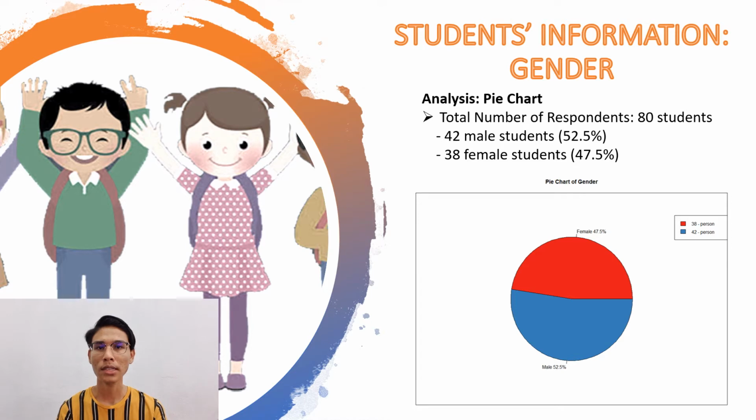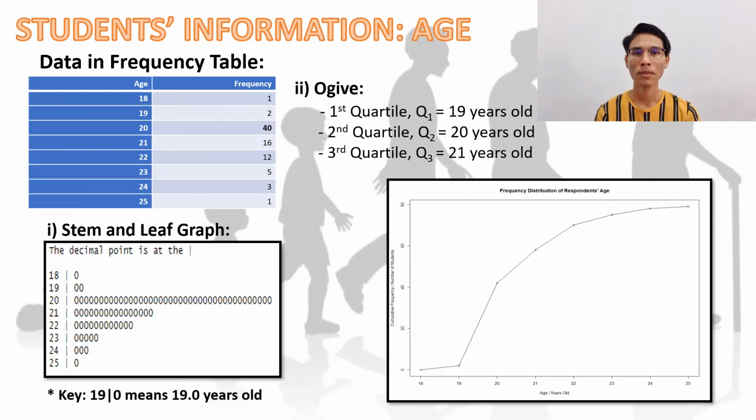The first data is the gender of respondents. A total of 80 respondents answered the questionnaire, which consists of 42 male students and 38 female students. The next data is the age of the respondents. As we can see, there are two graphs, the stem and leaf graph and the ogive.